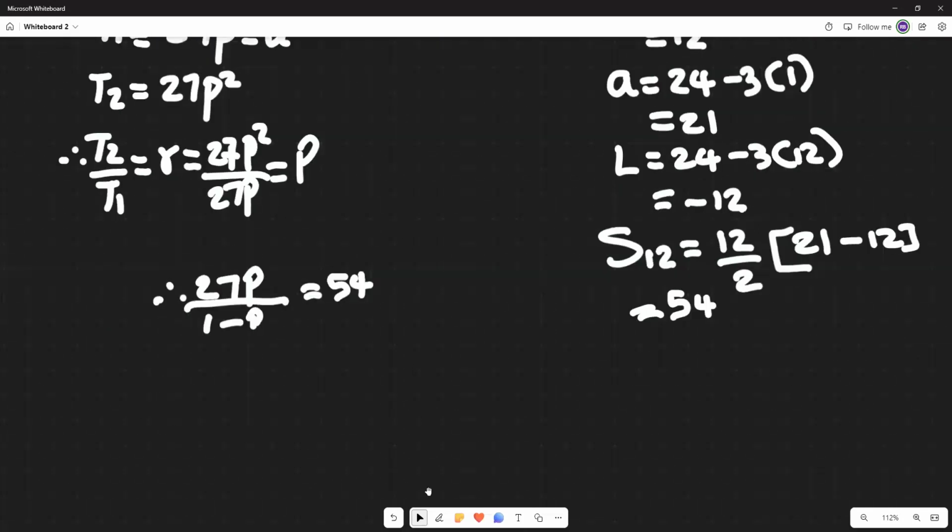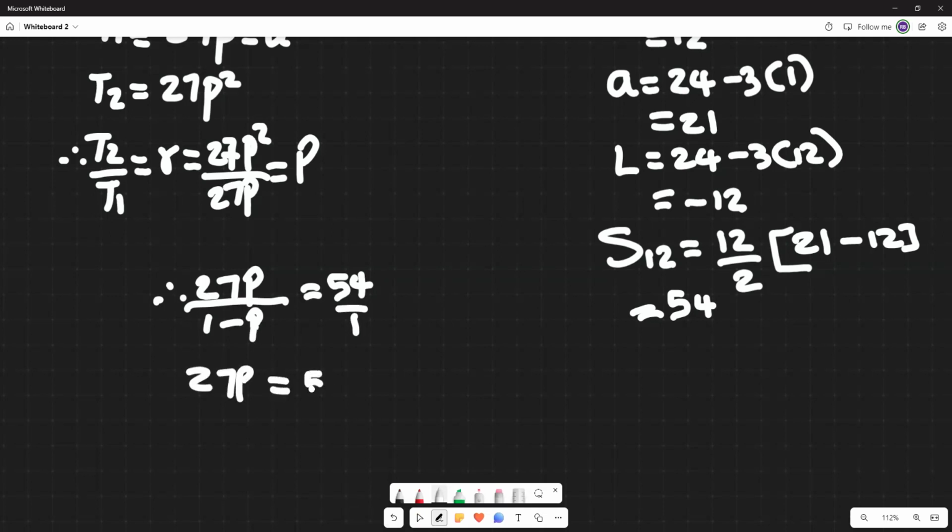I'm sure it makes sense. And then you can cross multiply now. This just gives you 27p. You're going to get 54 in brackets, 1 minus p. Then you have 27p is the same as 54 minus 54p.